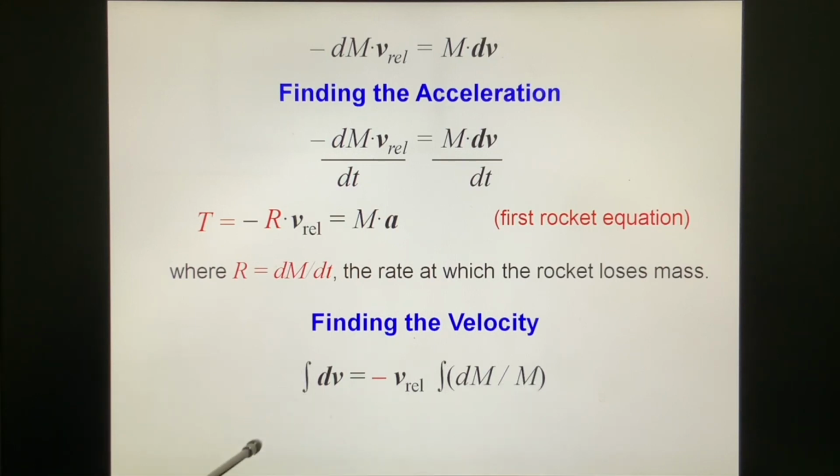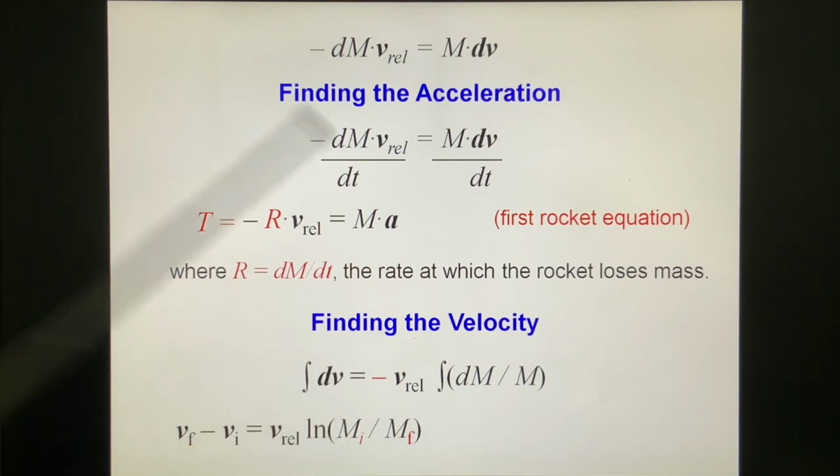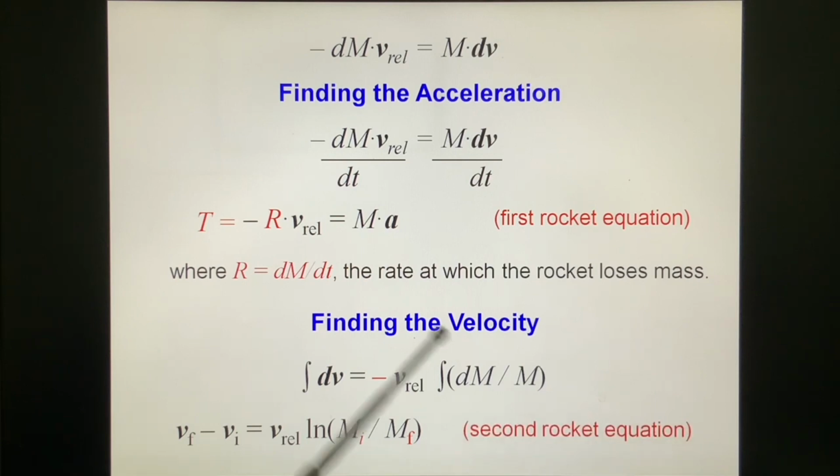So we get v final minus v initial equal to v relative log of m initial over m final, and we put the limits in. This initial, this is the final. We call this the second rocket equation, to find the velocity. This is the first rocket equation, to find acceleration and force.